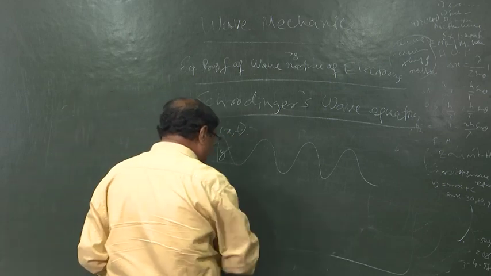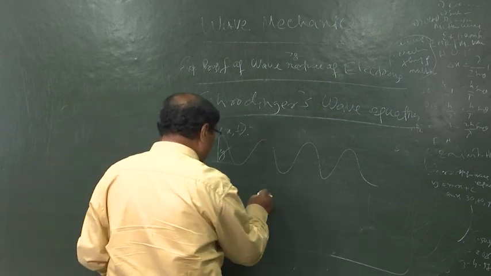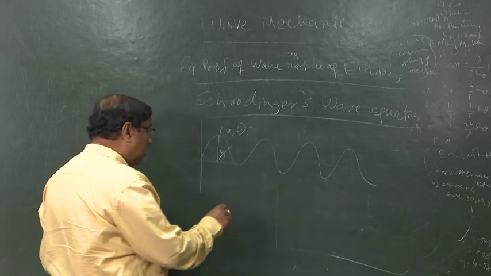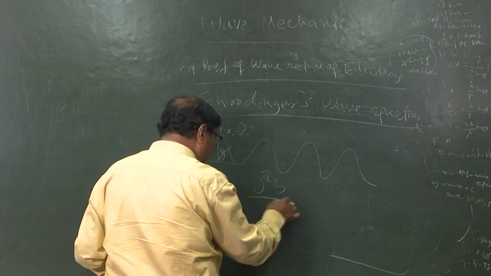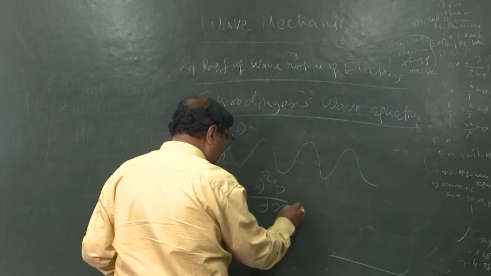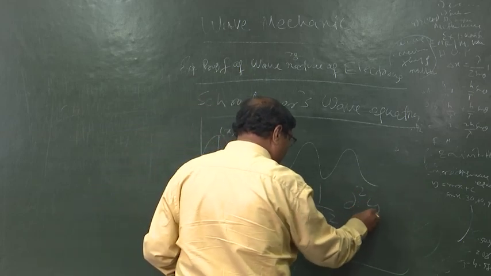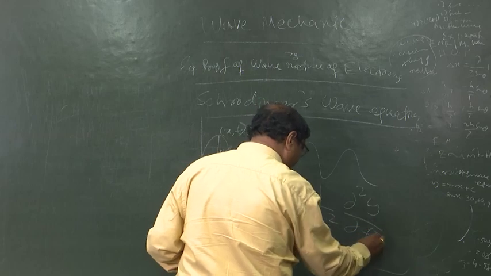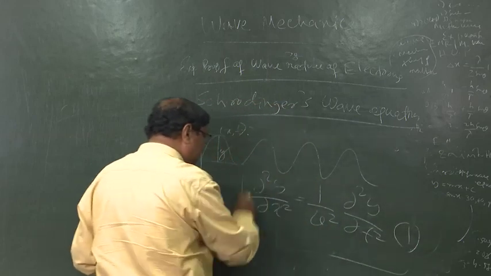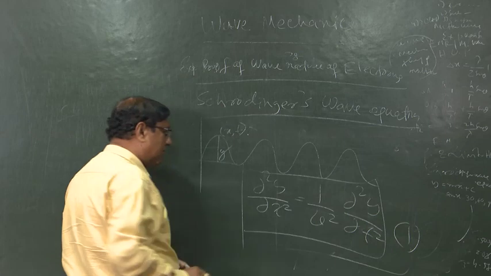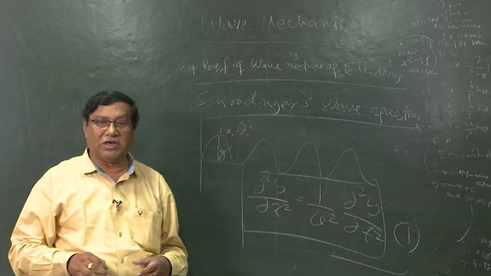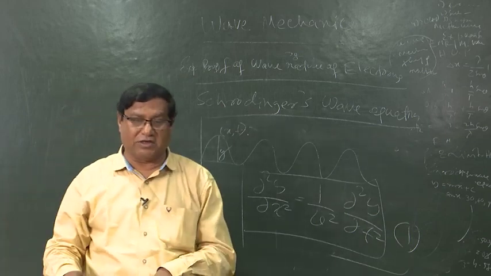So we can write the classical wave equation in a stretched string as d square y by dx square is equal to 1 by v square into d square y by dt square. This is the classical equation in a stretched string. From this equation, we will derive the Schrodinger's wave equation.